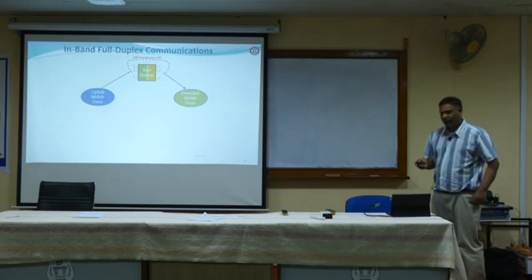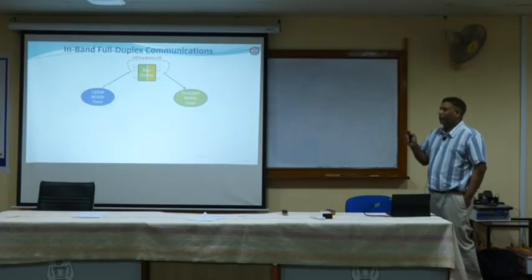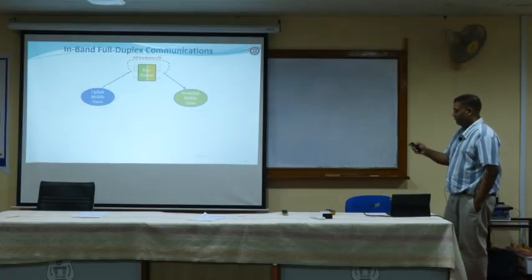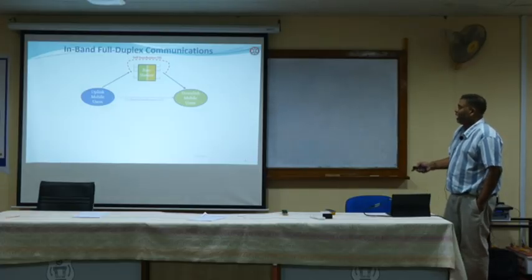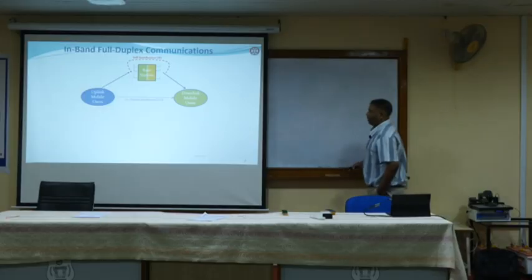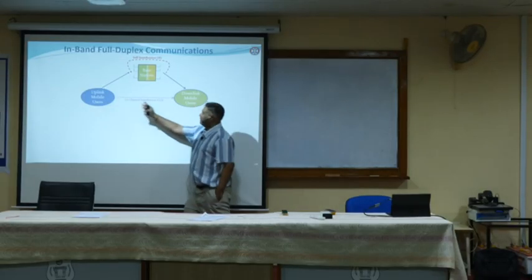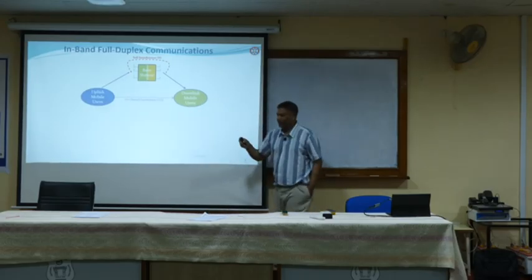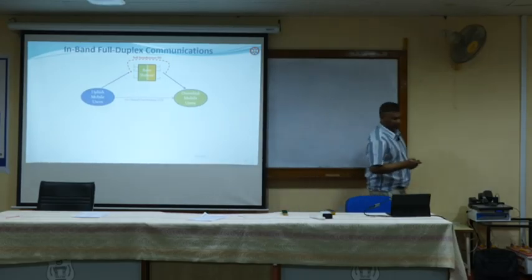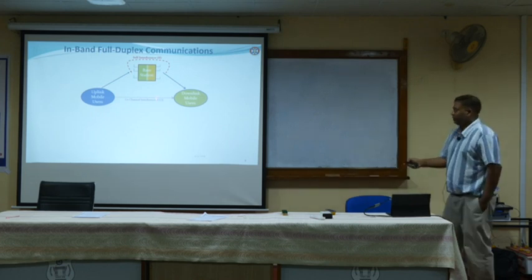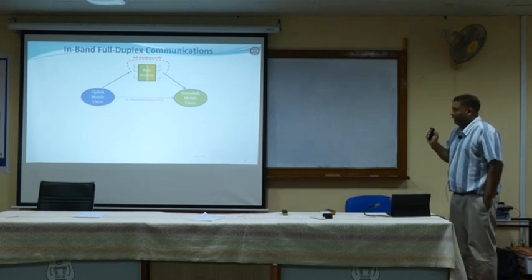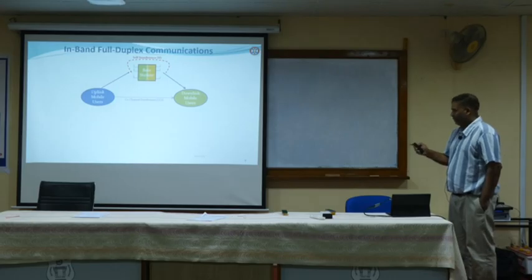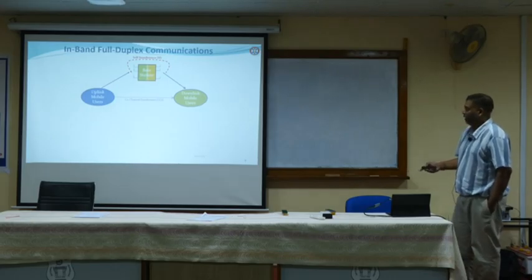You can double the spectral efficiency compared to a half duplex system. Another challenge is that if these two guys are transmitting and listening at the same time, there is co-channel interference between uplink and downlink users as well. Because of these two interferences, currently no full duplex system is deployed so far.